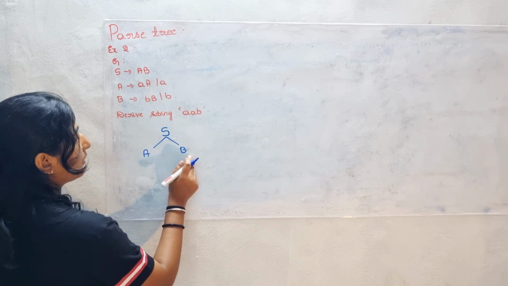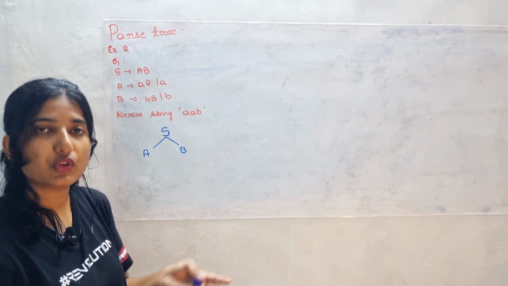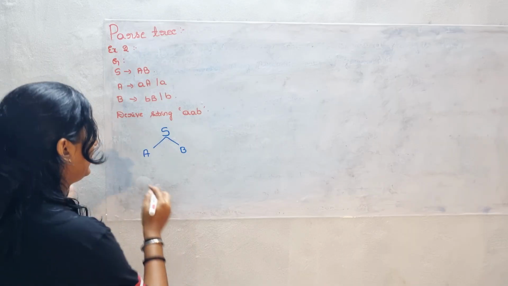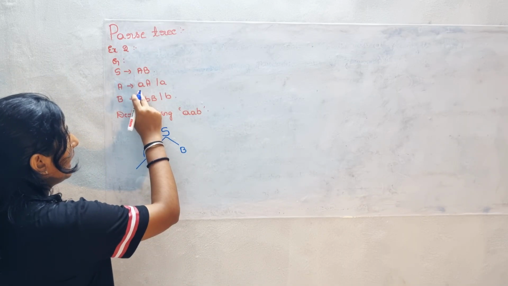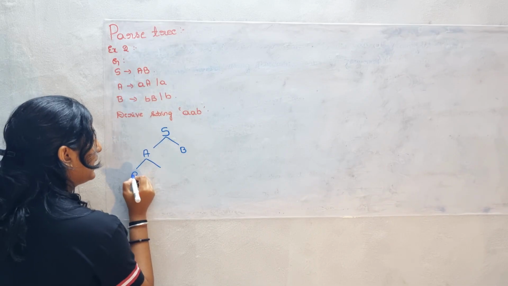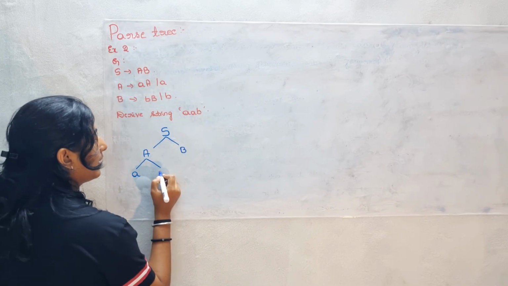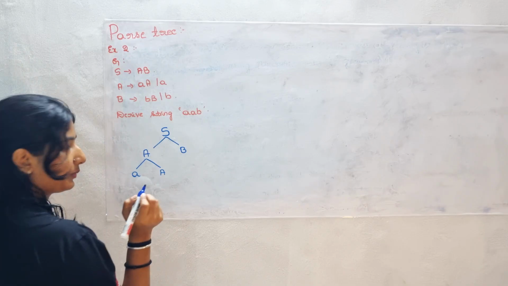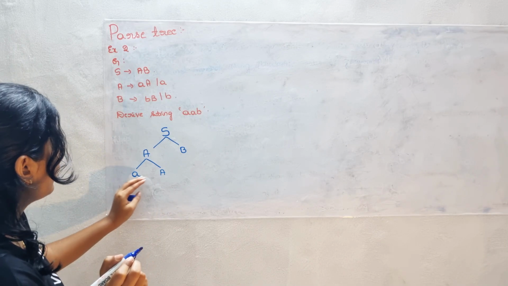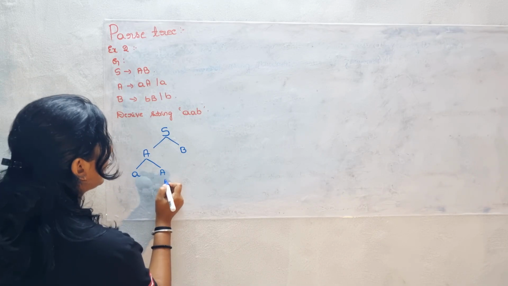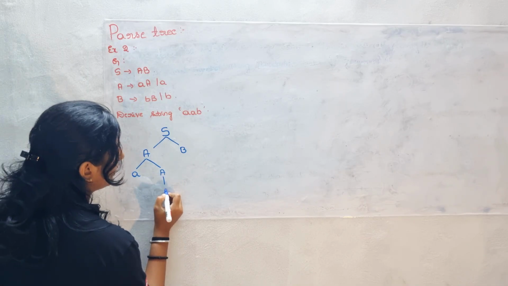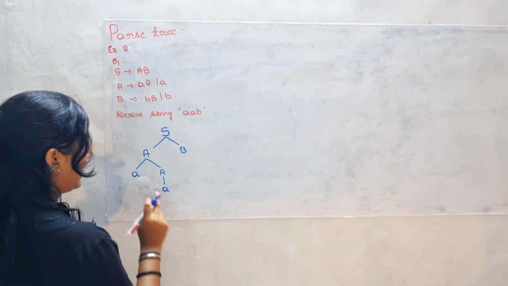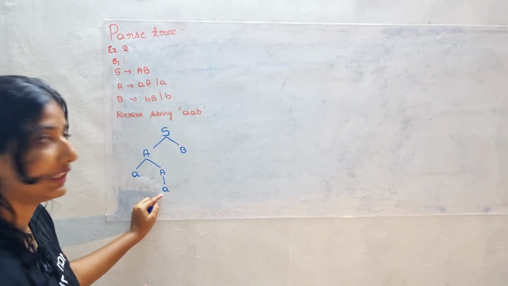Now here both are variables, so I have to further simplify it. In the case of A, I have A derives a, and I have to take this. Why? Because I need ab, right? Clear? Now for B, we again have a variable, so I have to replace it. A derives a, so terminal, done.